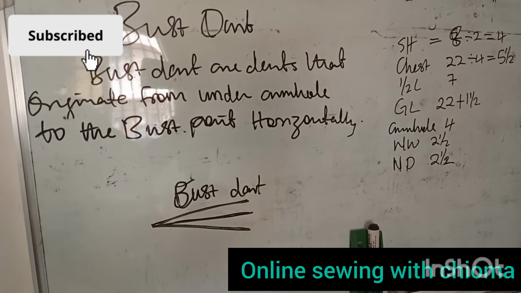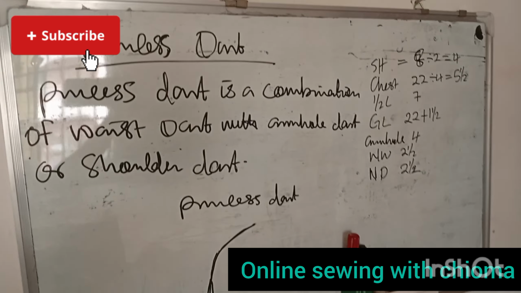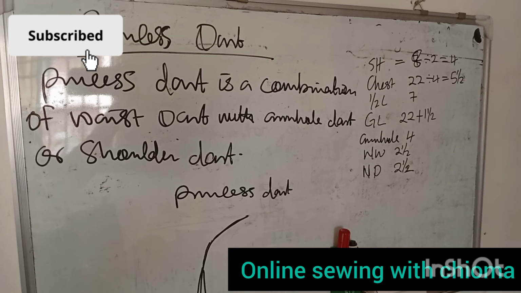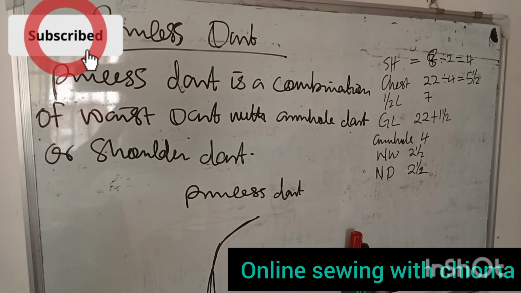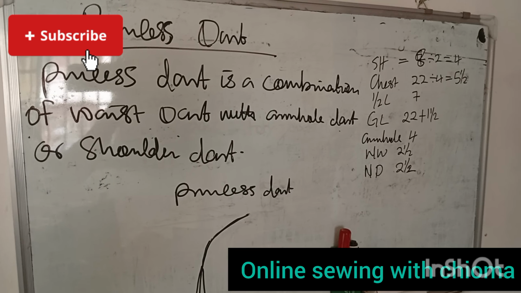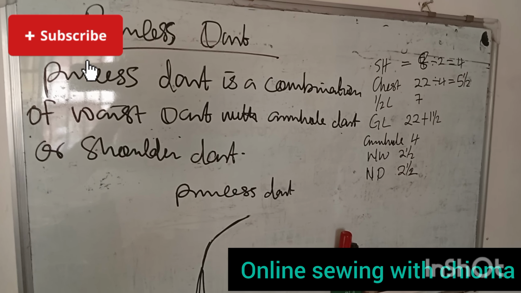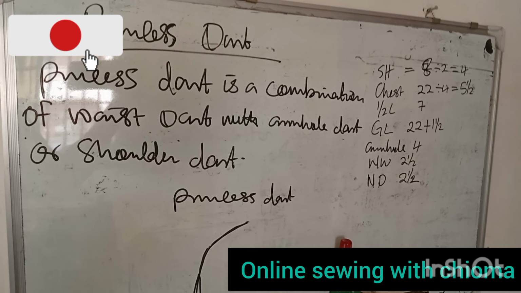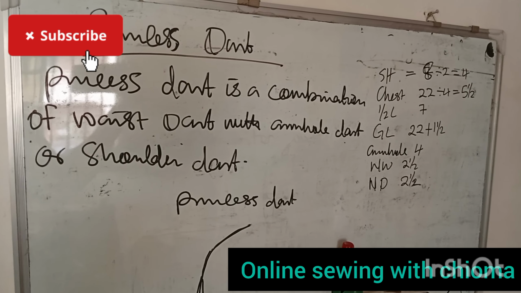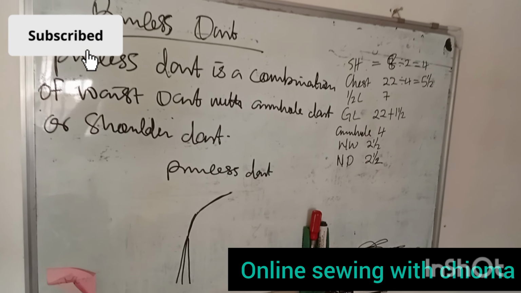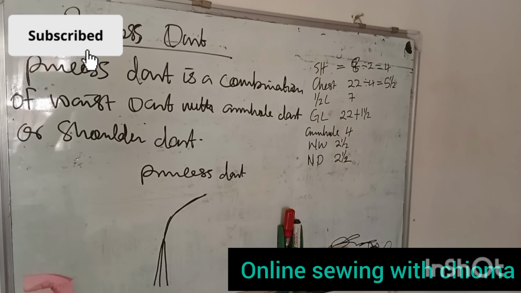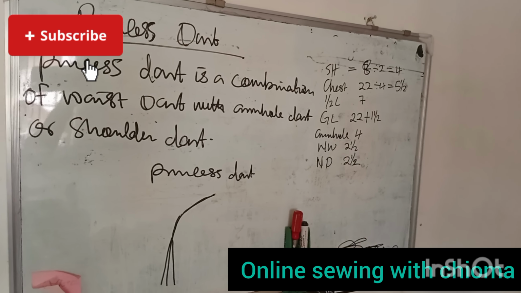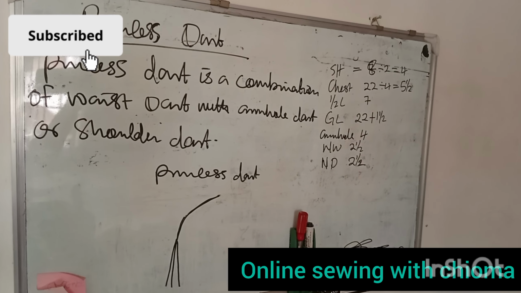Now I need you guys to understand these terms. That is why I'm explaining, because we will be using them. The next one, the princess dart, is a combination of the waist dart and the armhole dart. The main thing I need you to understand is that a dart is a technique used in shaping clothes to give shape to dresses.